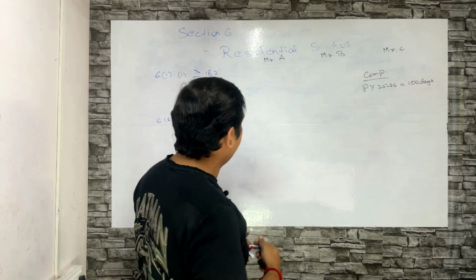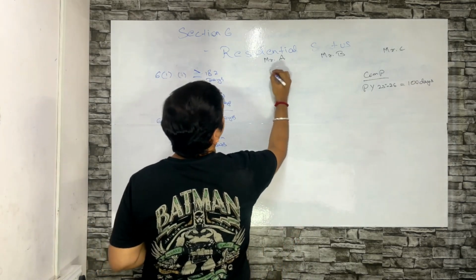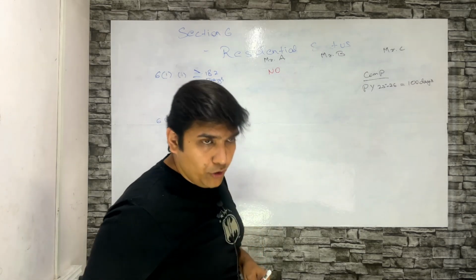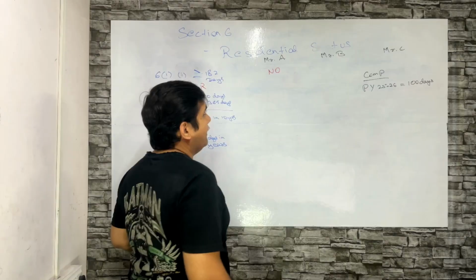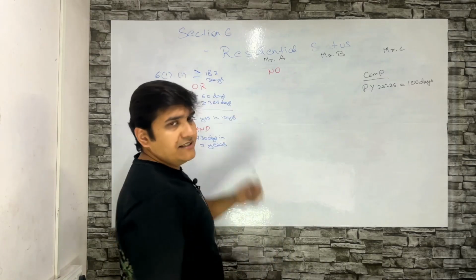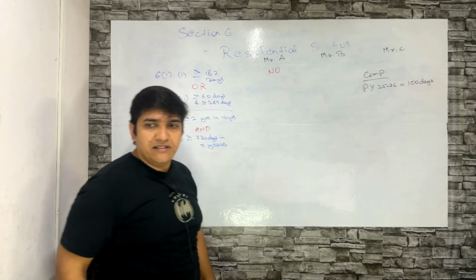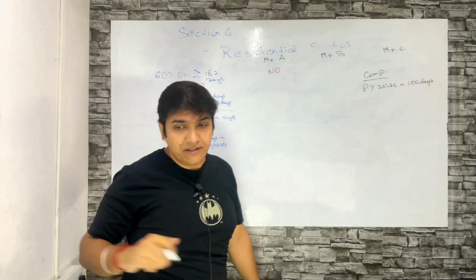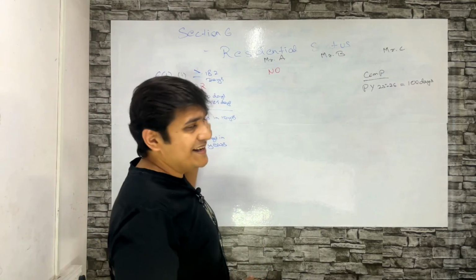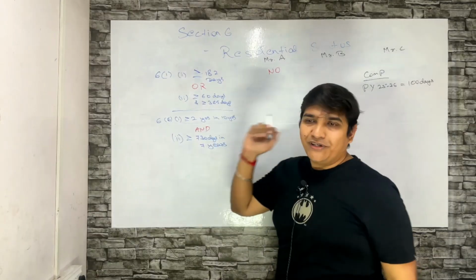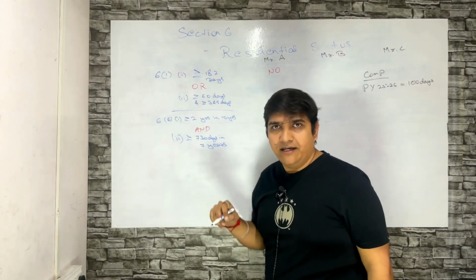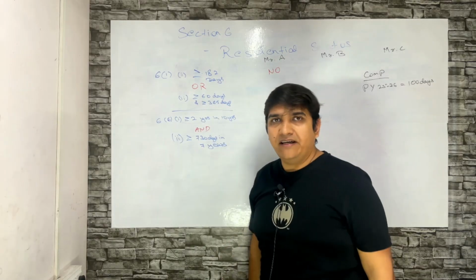No, it is not satisfied, so I'll write a no. Has he stayed for more than 60 days in the current year? Yes, he has. But there is an additional condition to it, and more than 365 days in the 4 previous years. Let's look at that.